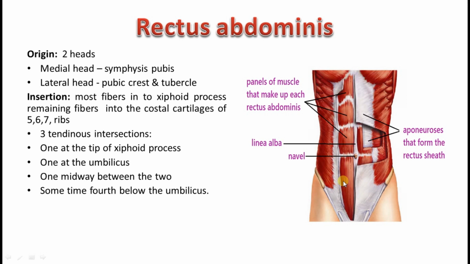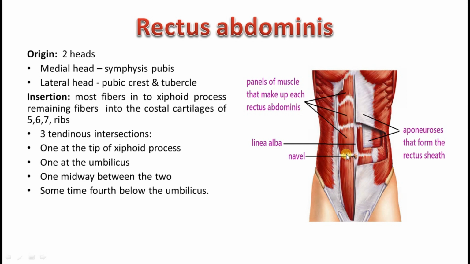Now these tendinous intersections, what do they prove? One thing is they are segmental in development. It is not a single muscle. So segmentally it has developed and they have fused at the region of tendinous intersections.